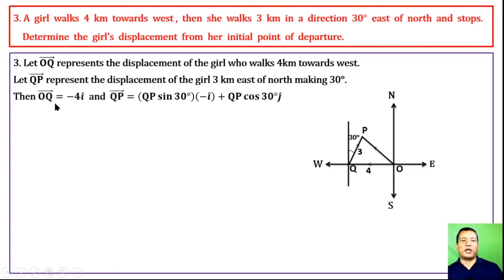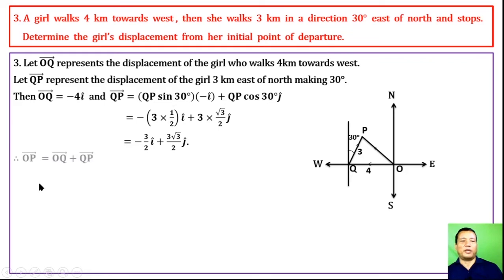Then OQ becomes minus 4i and QP equal to QP sine of 30 degree minus i plus QP cos of 30 degree j. QP is 3 and sine 30 is half. QP is 3 and cos 30 is root 3 by 2. Evaluate torabadi we get this masina QP vector adu phangi.